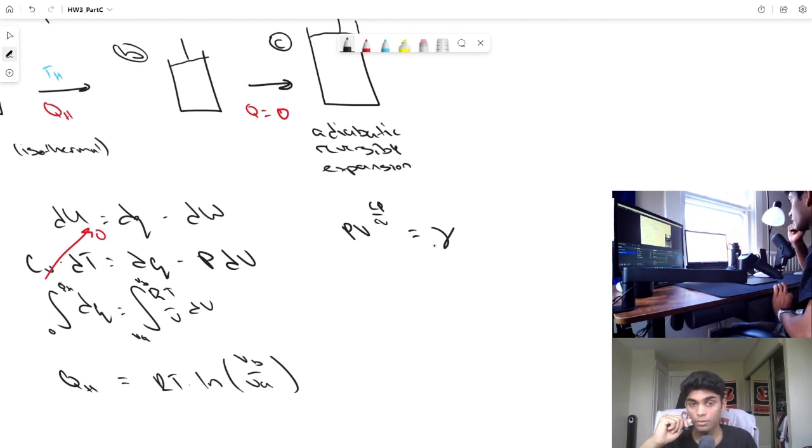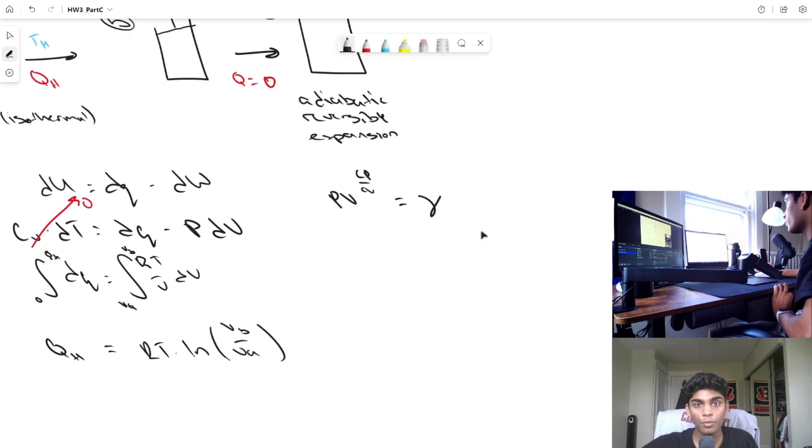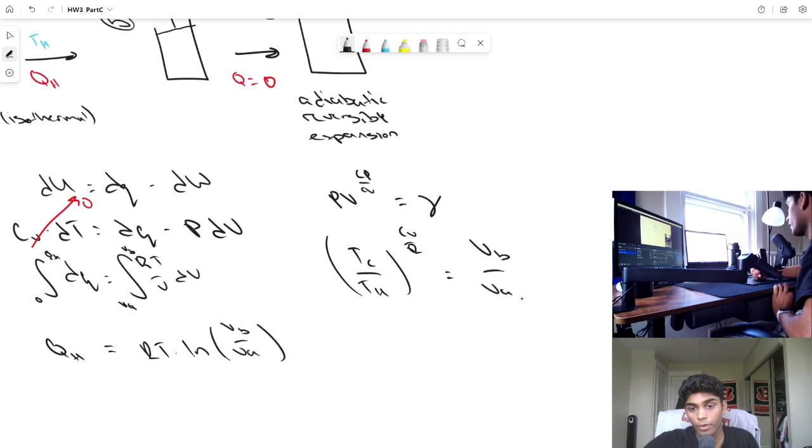It doesn't really matter too much. And so when we use the laws of ideal gases, what we end up with is Tc over Th to the Cv over R power is going to equal our volume from B over our volume from A. And this is the relationship we're going to use to go from point B to point C in our adiabatic reversible expansion.